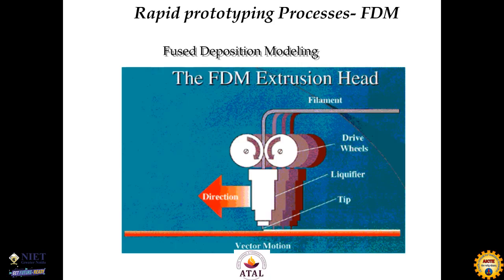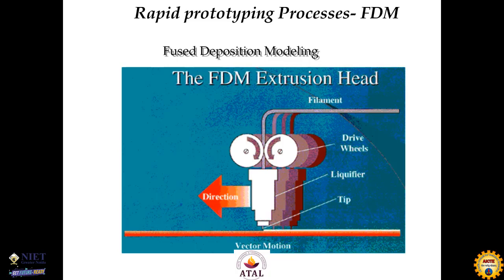Now the next technology, a very prominent and popular technology nowadays, is called FDM, fused deposition modeling. As you can see on the screen, there is an FDM extrusion head. There is a filament, which may be of polymer materials like PLA (polylactic acid), ABS, nylon, or PET.